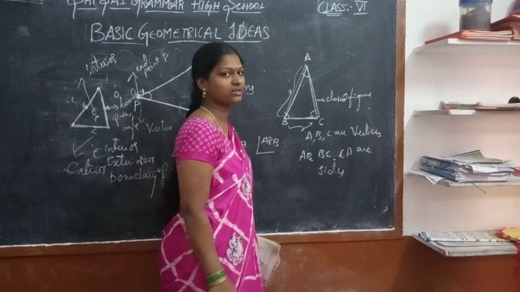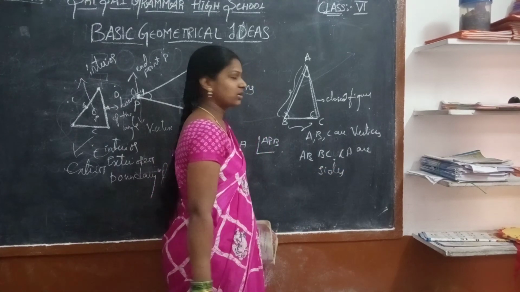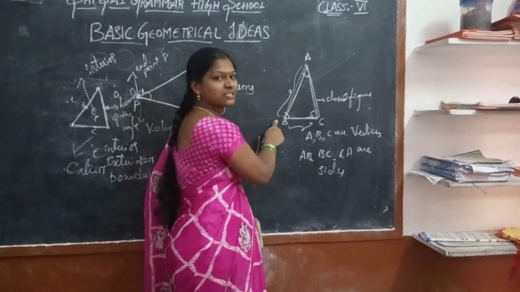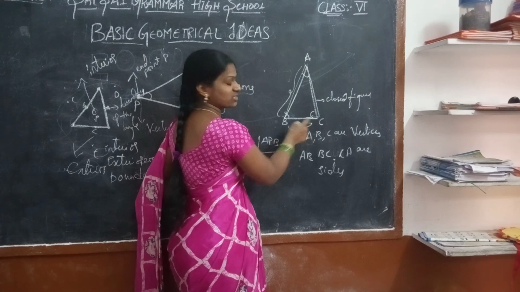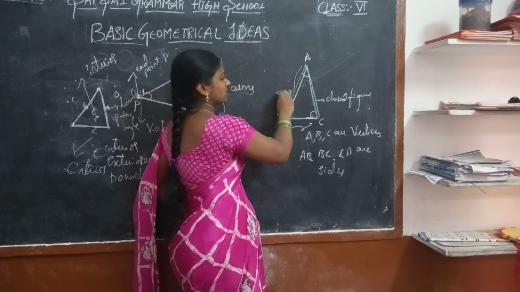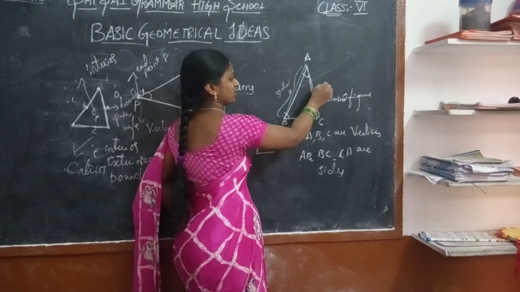Now the vertices are completed: A is one vertex, B is one vertex, and C is also one vertex. The sides are also completed.